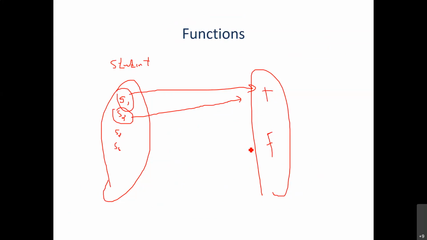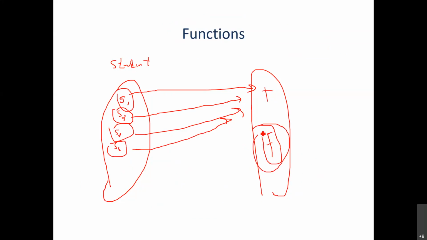It's fine if the right side doesn't have someone pointing to it. If all of these students were true, and none of the students were pointing to false, that's fine. It's okay if this set doesn't have something pointing to it. But it's not okay if you have a student here that doesn't point anywhere over there. It's no longer a function. So that's the only rule about functions: everything here has to be mapped to some element in the other set.